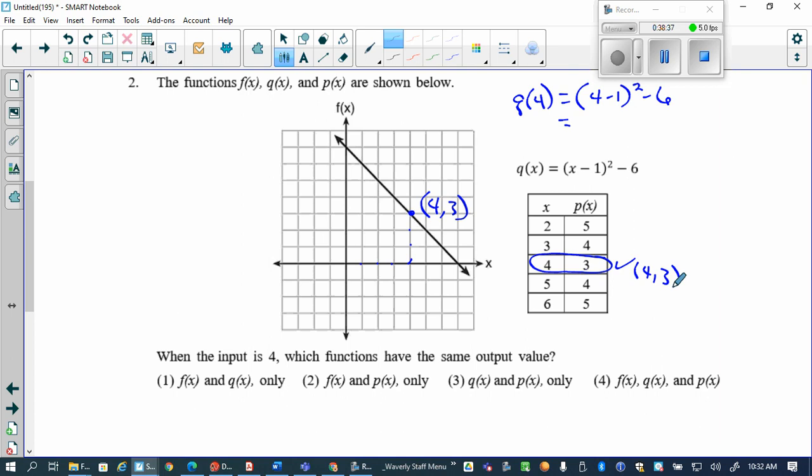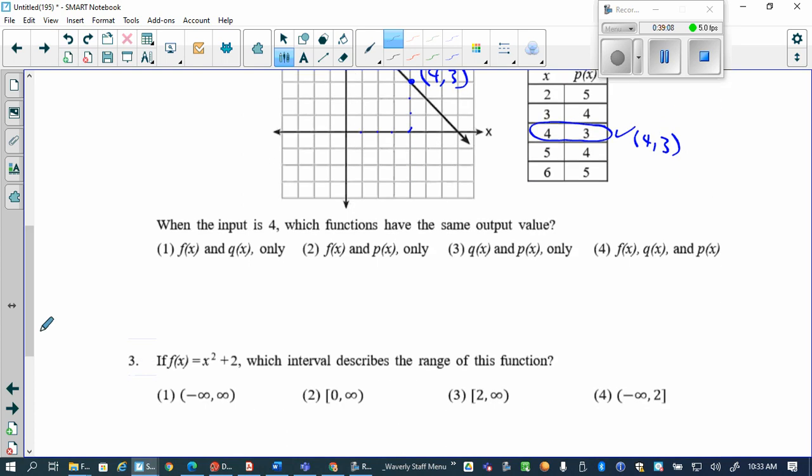Hold on a second. 4 minus 1 is 3. 3 squared is what? 9. So it's 9 minus 6, which is what? Equals 3. Oh, so this one was also 4 comma 3, right? So what's our answer? Number 4. Yeah, all of them. There we go.